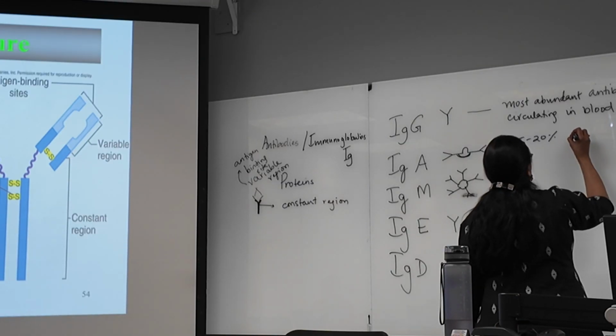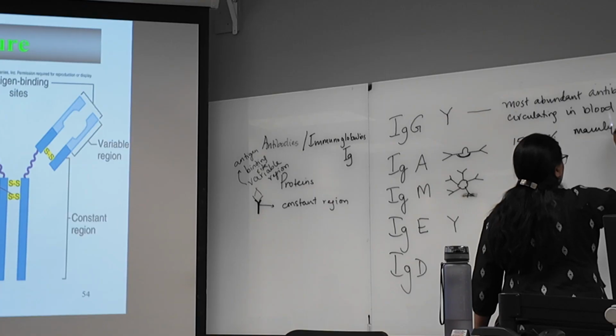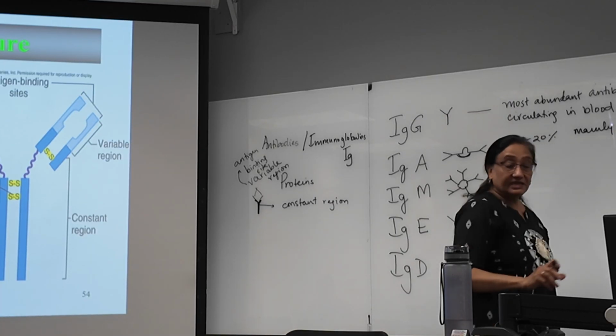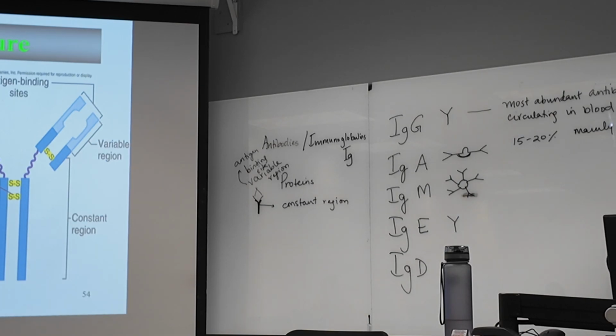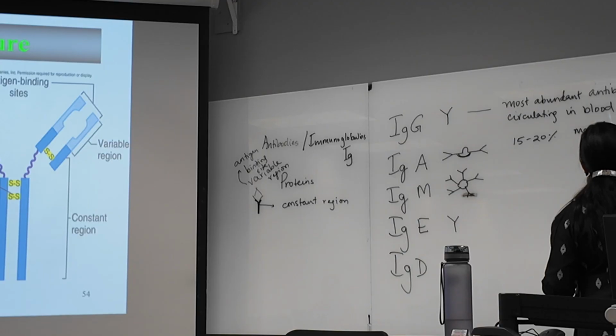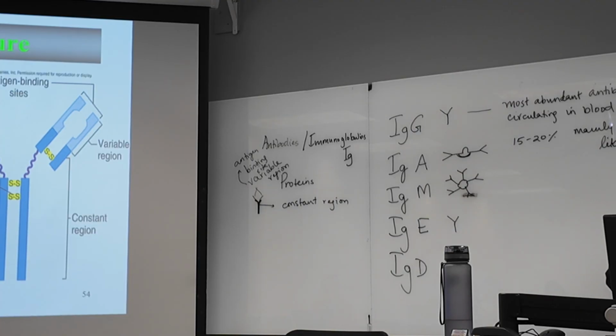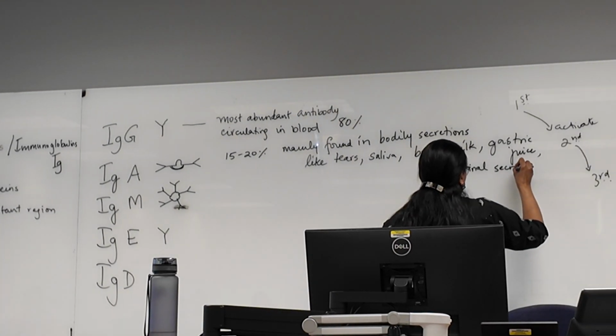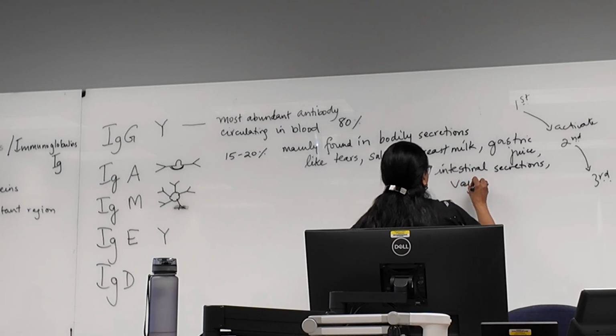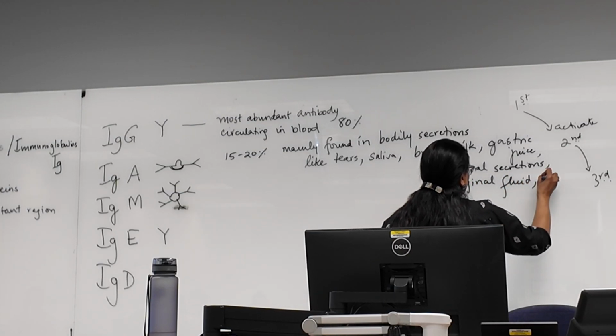IgA is mainly found in bodily secretions, like, think of any secretion: tears, saliva, breast milk, gastric juice, intestinal secretions, vaginal fluid, semen.